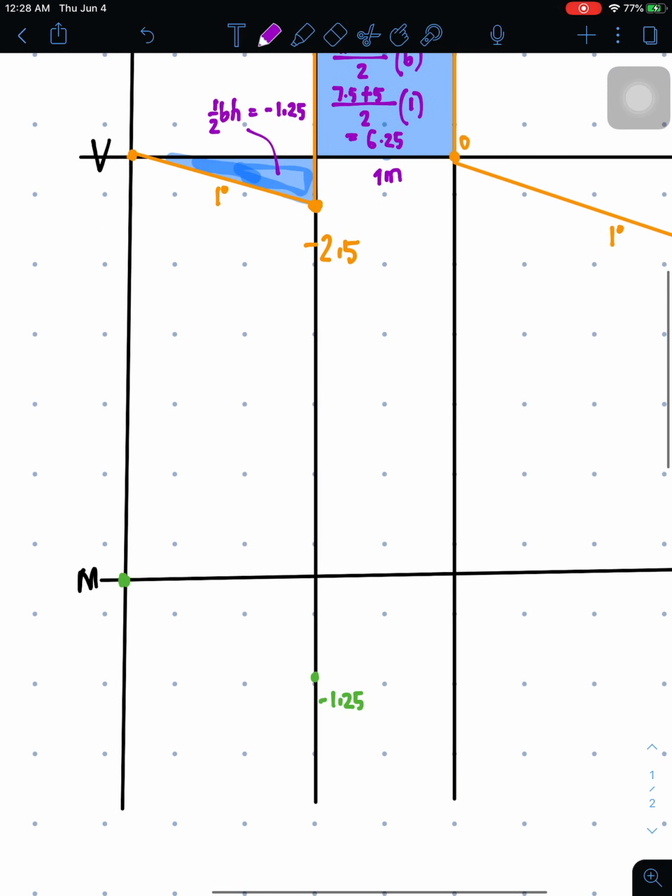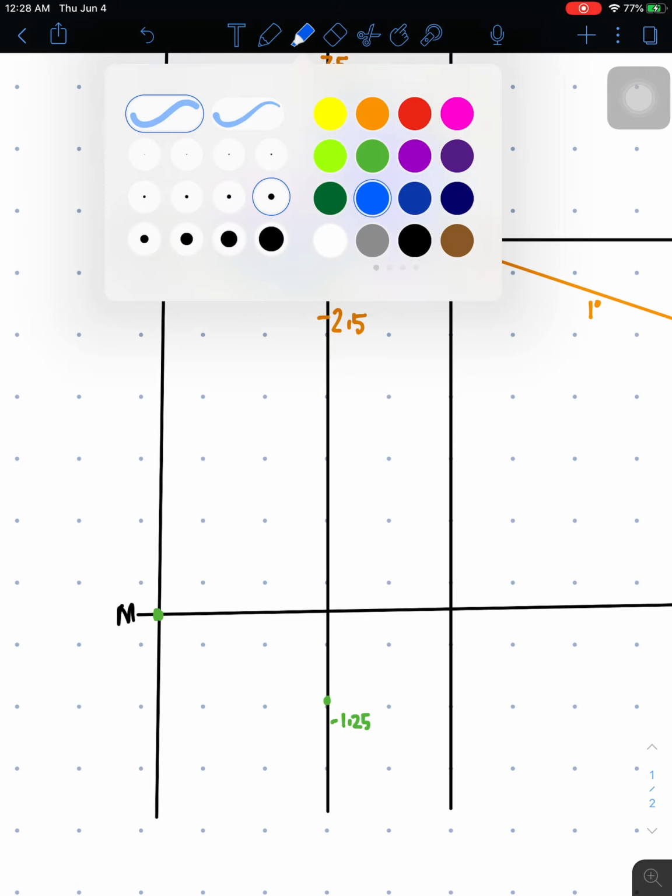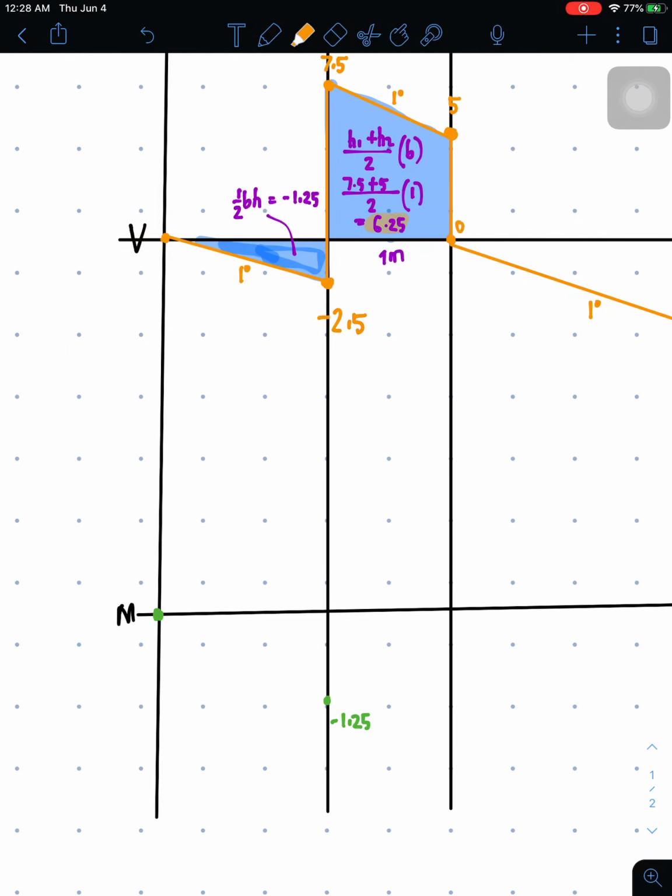This is the value nga atong isubtract from the 1.25. So ato ni siyang isubtract kani from this one, 1.25. So 6.25 minus 1.25. The answer is 5. So ato i-plot.